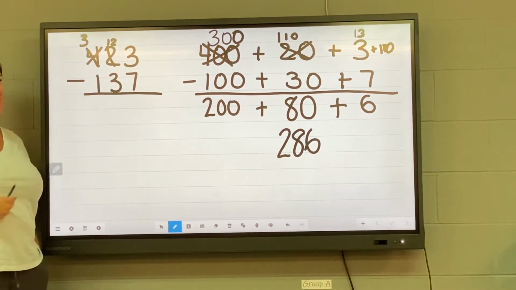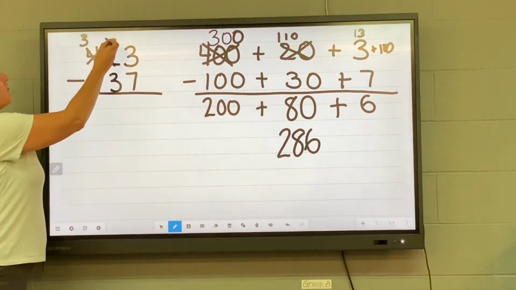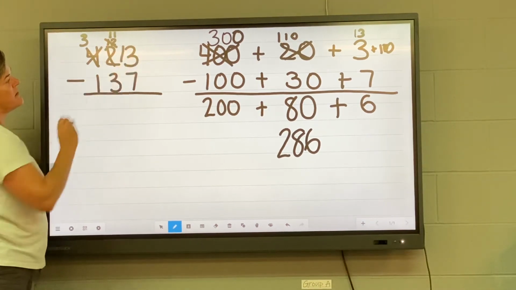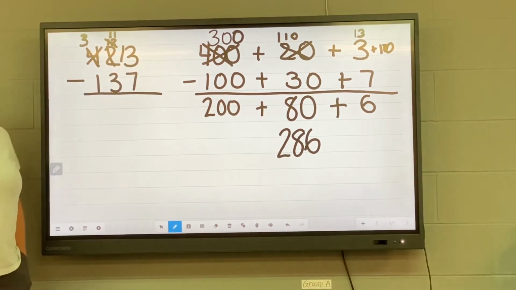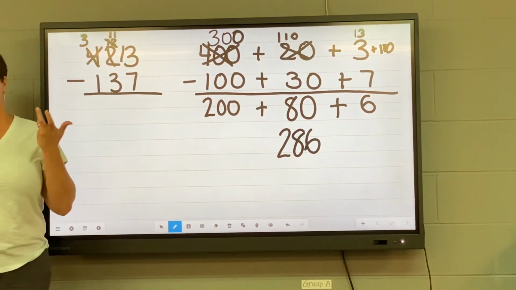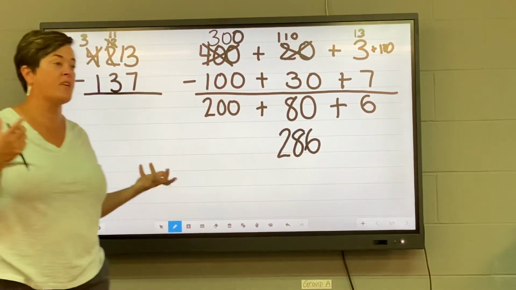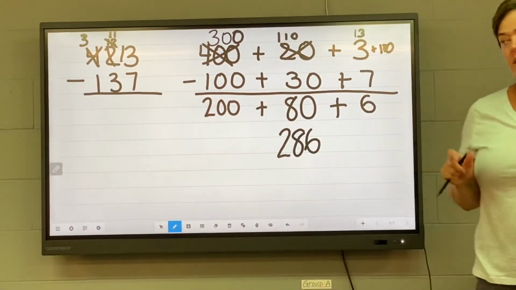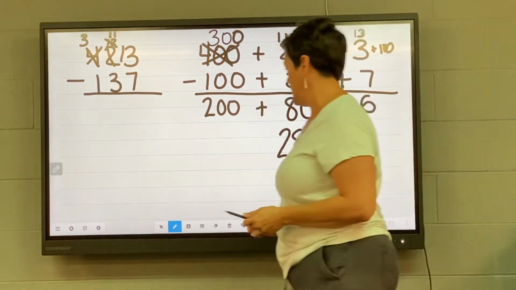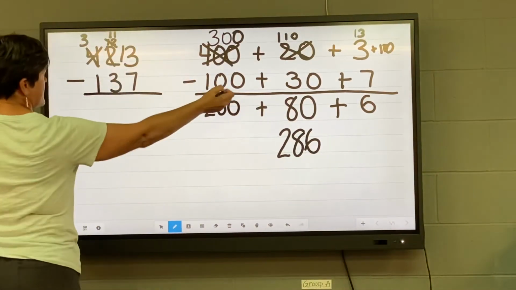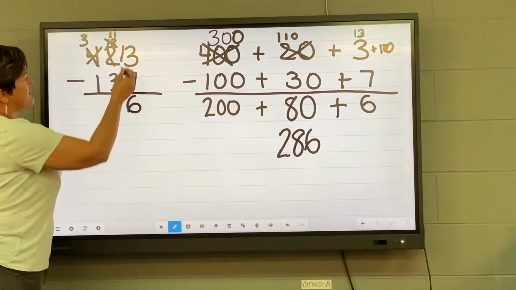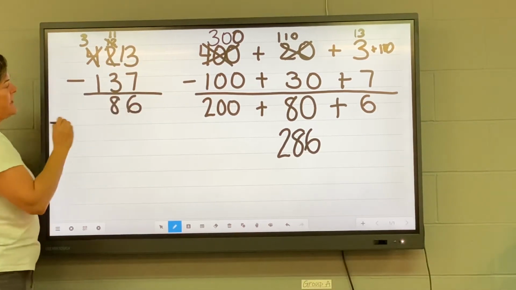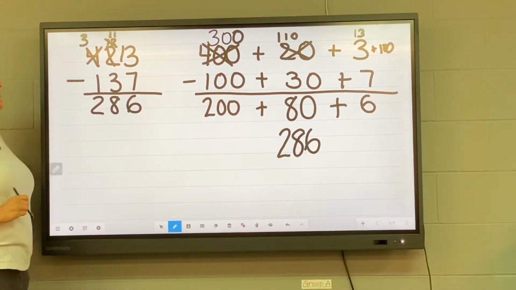But can we subtract yet? No. We were saying that we had to take one more from here, and then that gives us our 13. All we did was break it apart. These are just different strategies to help you if you get stuck on a problem. All right. So 13 minus 7 is still 6. 11 minus 3 is still that 8, which is actually the 80. And then we have our 200 there.